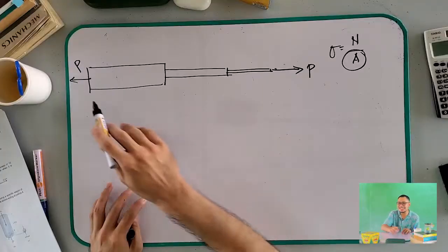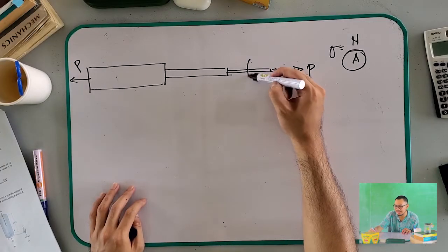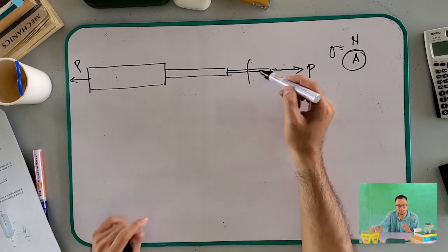But the smaller the cross-sectional area, the bigger the stress. So we know that the maximum normal stress in this kind of beam is located at this portion.